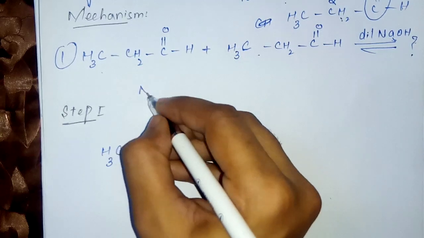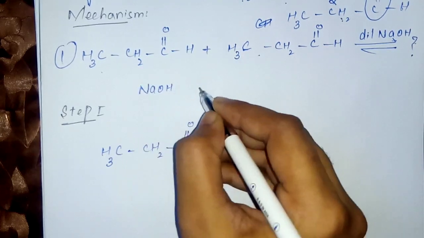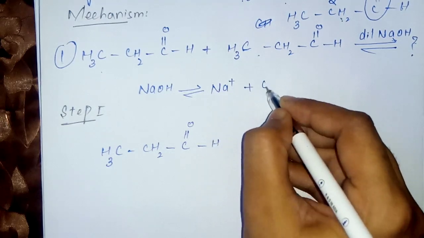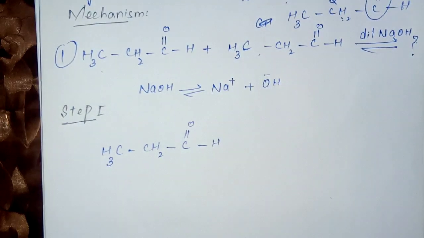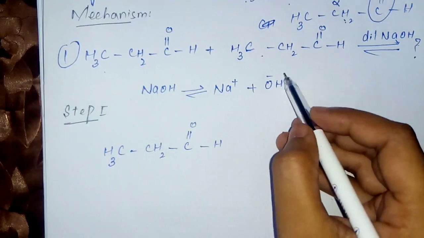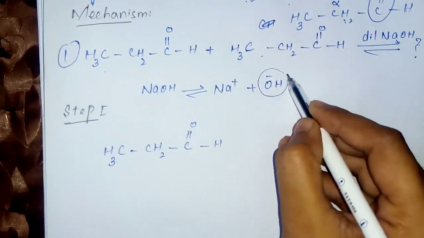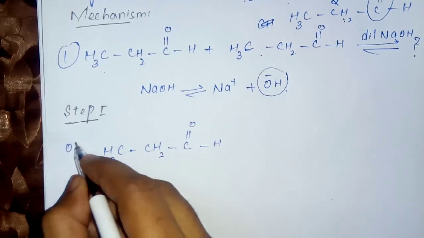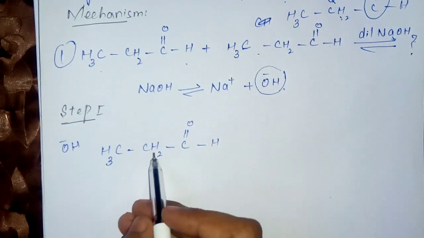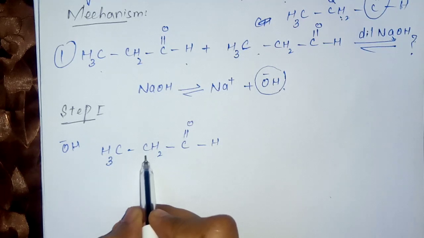So what is the purpose of the sodium hydroxide? If we dissociate the sodium hydroxide into its ions, sodium hydroxide will break into Na positive and OH negative. So what is the purpose of the sodium hydroxide in an aldol condensation? Basically, sodium hydroxide generates hydroxide ion. This hydroxide ion attacks one of the propanol molecules and accepts one proton from the alpha carbon.